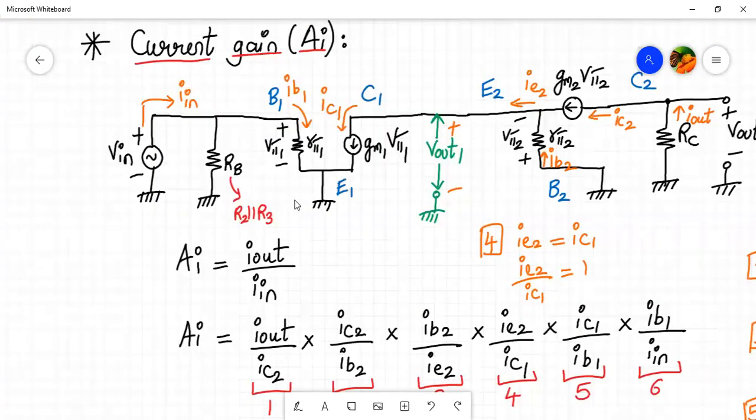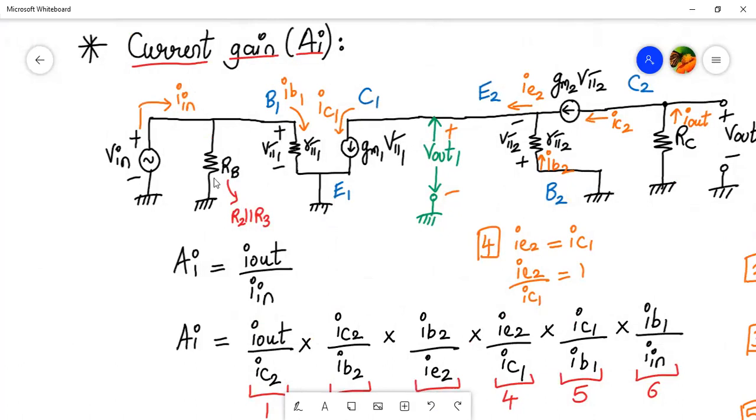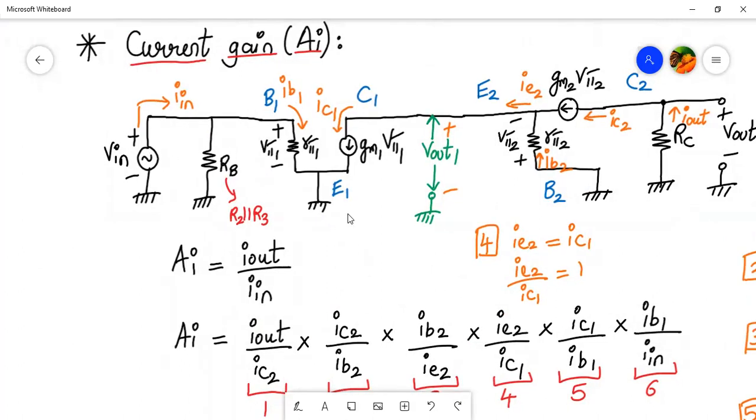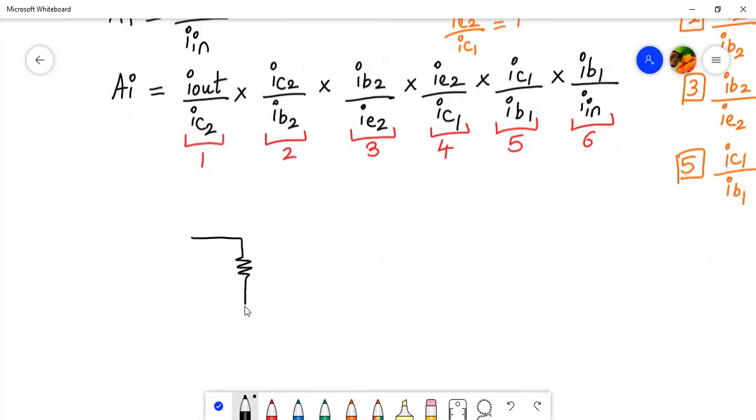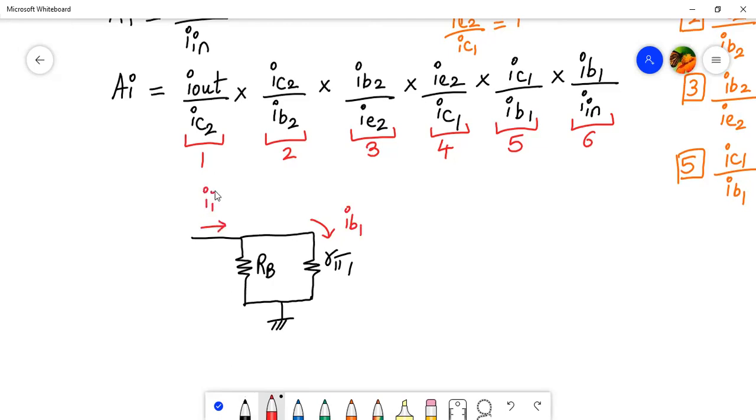So here we have IN, we have RB, and then we have R pi 1, with IB1 flowing. Let me redraw the circuit quietly. So this is RB, and over here we have R pi 1. Both the resistors are grounded. The current flowing over here is IB1, and the current flowing over here is IN. So we can use current division rule.